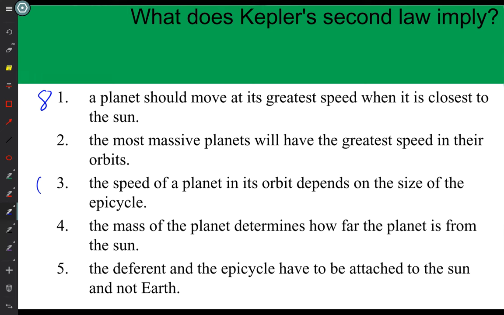And then the third law relates the time to do a complete orbit to how far away it is from the sun. The third one has the equation that the period in years squared is equal to the semi-major axis in astronomical units cubed.